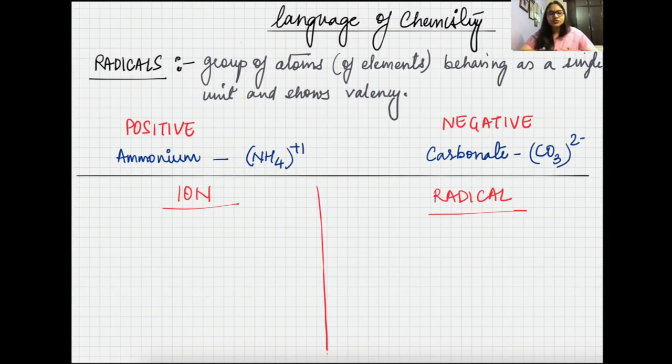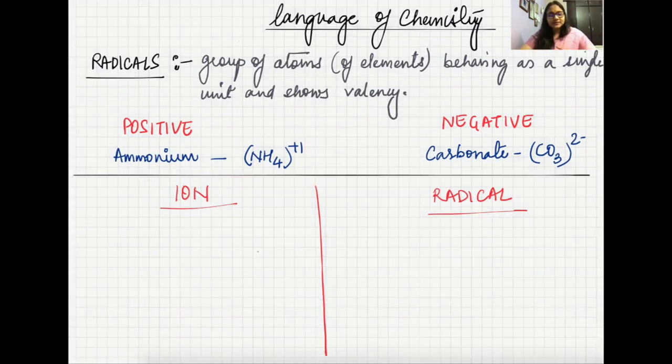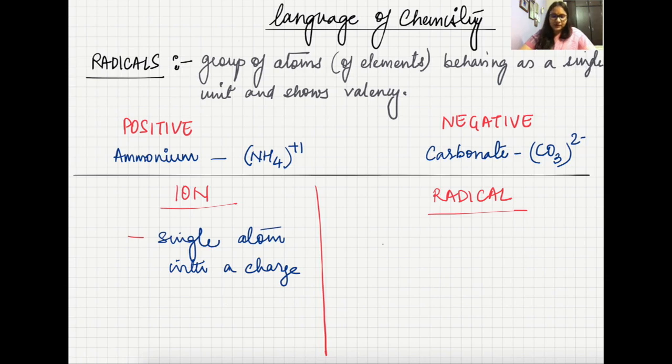To know the difference, ions are basically a single atom of an element carrying a certain charge. It could be a positive charge or a negative charge. When a single atom carries a certain charge, that charged atom is called an ion.